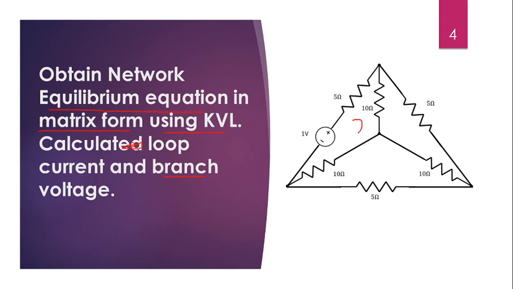The summation of all the impedances within this first loop is 10 plus 5 plus 5, that is 25. For this loop it is 10 plus 10 plus 5, that is 25. The common element between these two is 10, so it is minus 10 as the current directions are opposite through these elements.